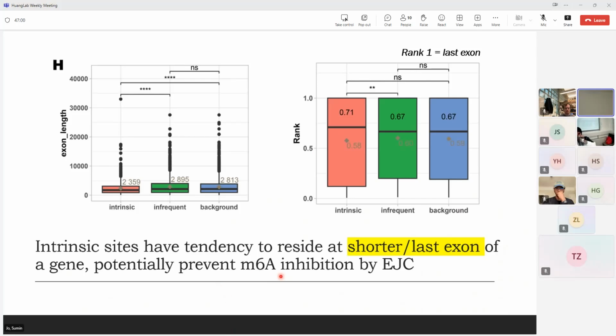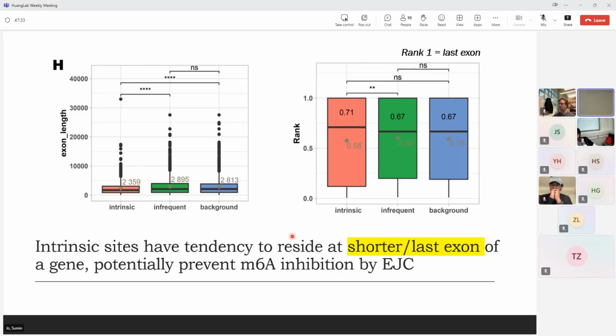This concept is a little bit new, but the overall idea is that if the exon length is longer, there is a higher probability that it is bound by the exon junction complex, which prevents M6A methylation around the sites. What we see here is that intrinsic sites reside in relatively shorter exons than the infrequent or background sites.